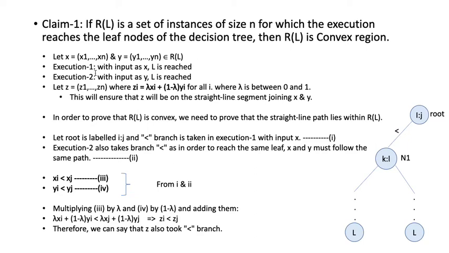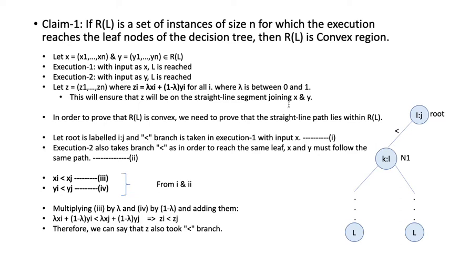Also for execution with y as input, we are going to reach the leaf node L. Now let's assume there is a point z with length n where zi is equal to lambda times xi plus 1 minus lambda times yi for all i, and the value of lambda varies between 0 and 1. By doing this, we are ensuring that z will be on the straight line segment joining x and y.